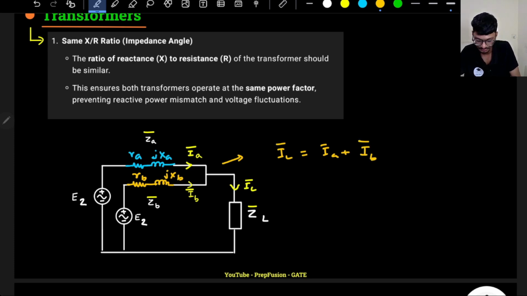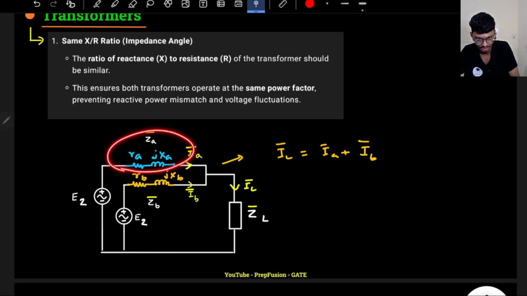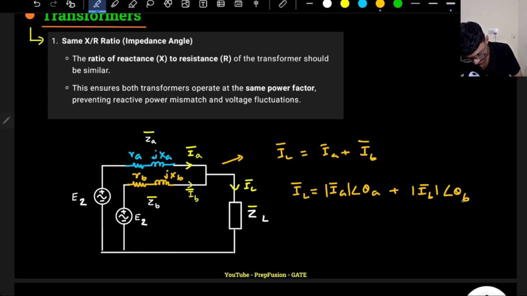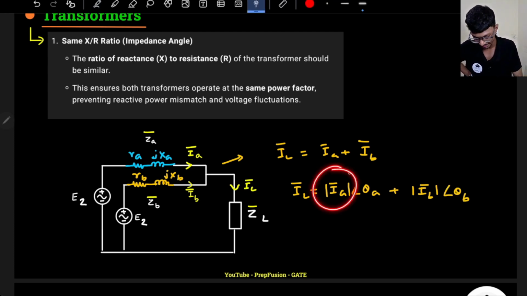And if the X by R of transformer A and transformer B are different, that means my IL bar will be equal to magnitude of IA bar theta A plus magnitude of IB bar theta B. Now what is the problem? The problem is it is not proportional to the magnitude actually.